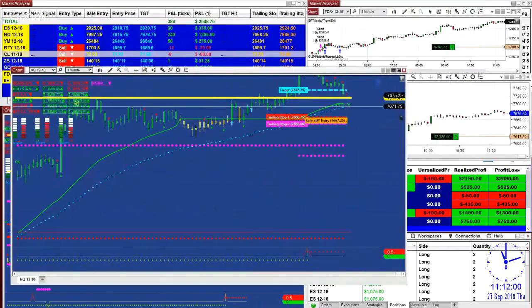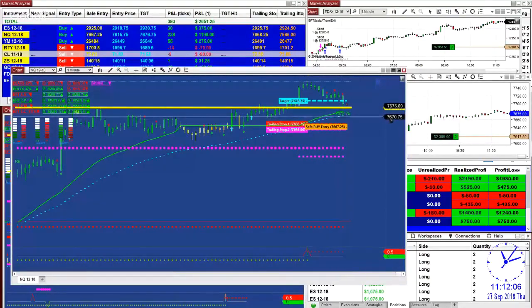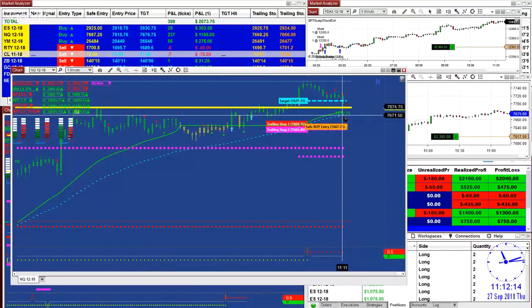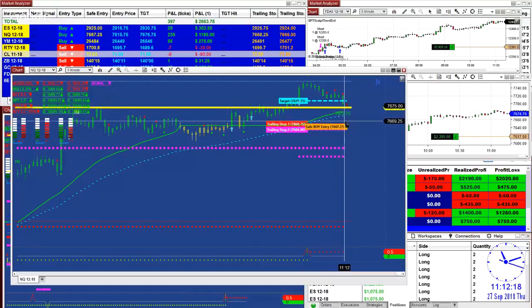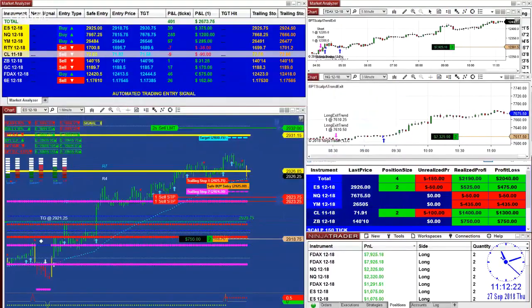The Nasdaq, we have the true average price 76, 72, 75. I'm not sure the Nasdaq is going to be able to break this area, so we're not going to have a new signal right away. This is a very strong hold area.